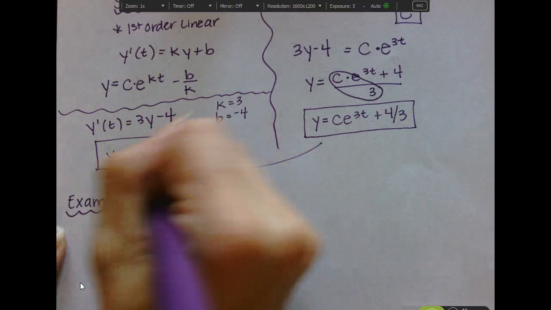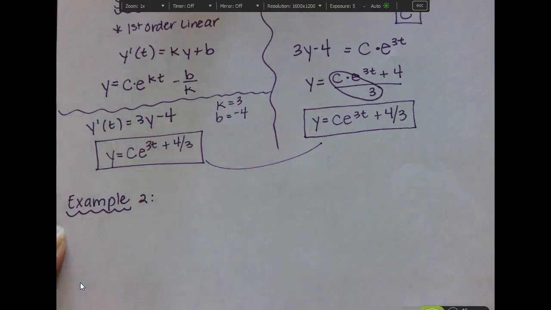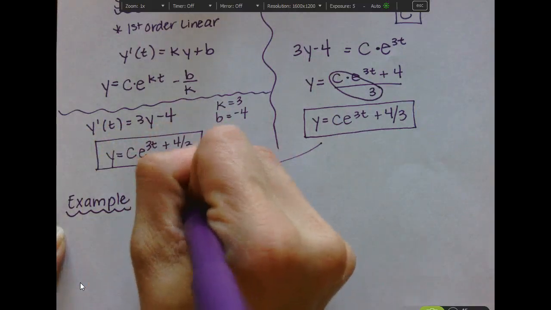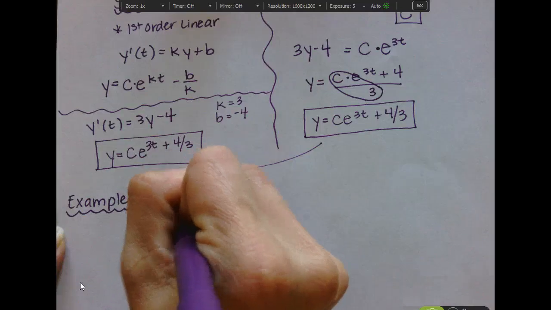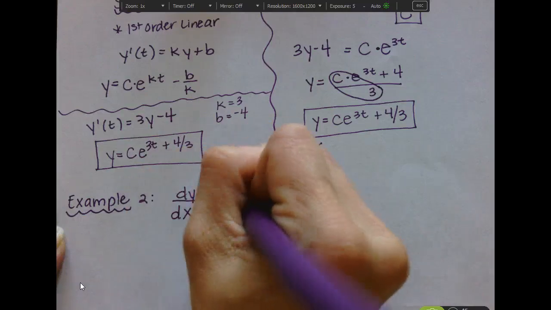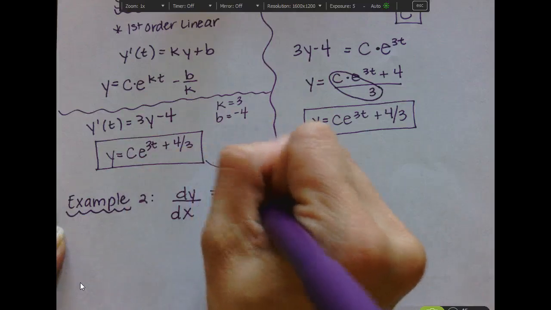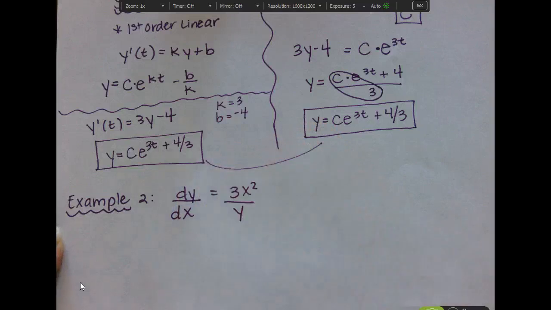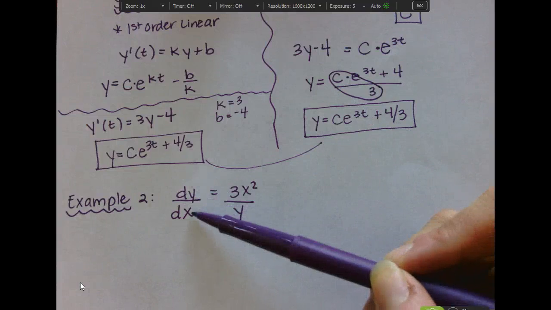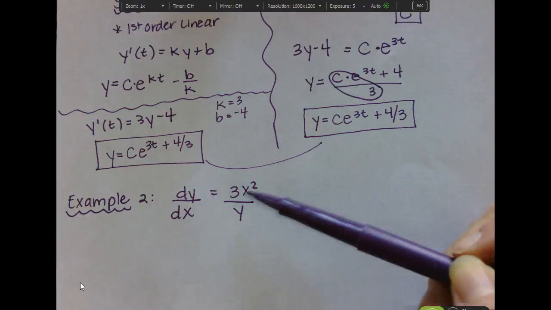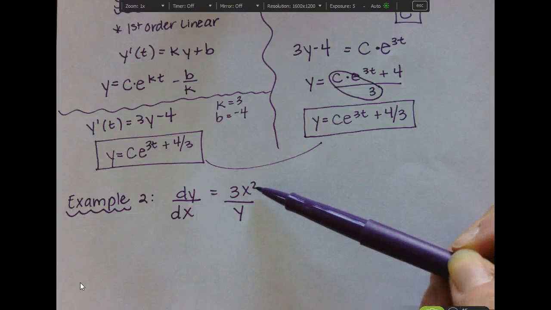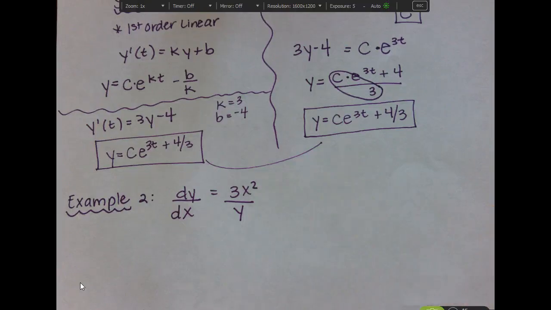So my example number 2 here is going to be dy over dx equals 3x squared over y. dy over dx means first derivative. That does make it first order, but the fact that I have a squared x term means that it's quadratic.